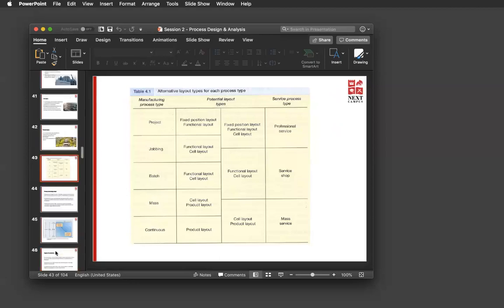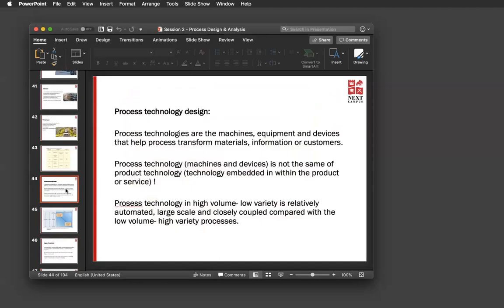Okay. Right. So then once you decide on the processes and on the layouts, we need to think about the technology that needs to be used to make these processes and layouts perform effectively. Okay.